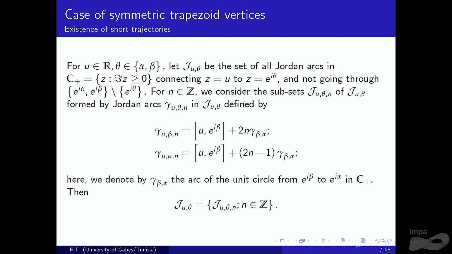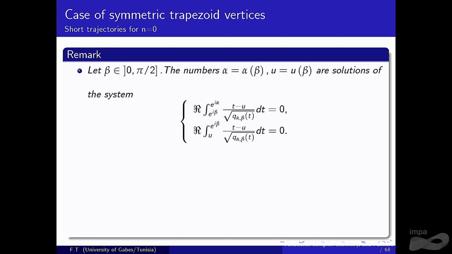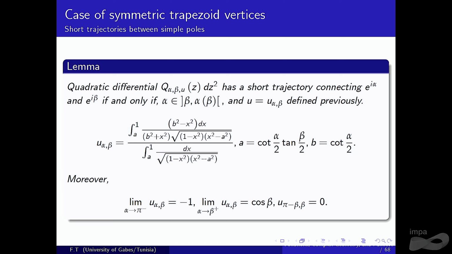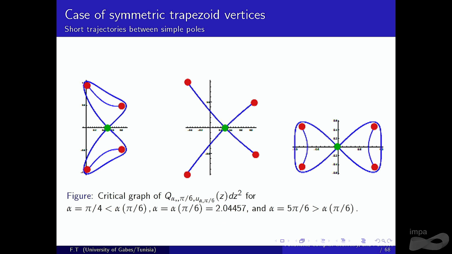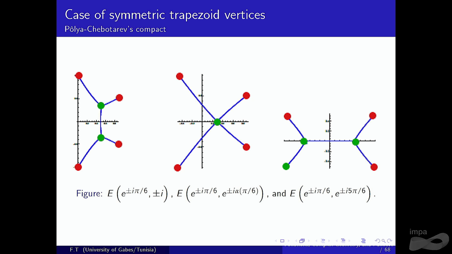Just the main result. In fact, we prove that for any beta from 0 to pi over 2, there exists a unique alpha of beta such that, for alpha belonging to the interval between beta and alpha of beta, the continuum has this form on the left.